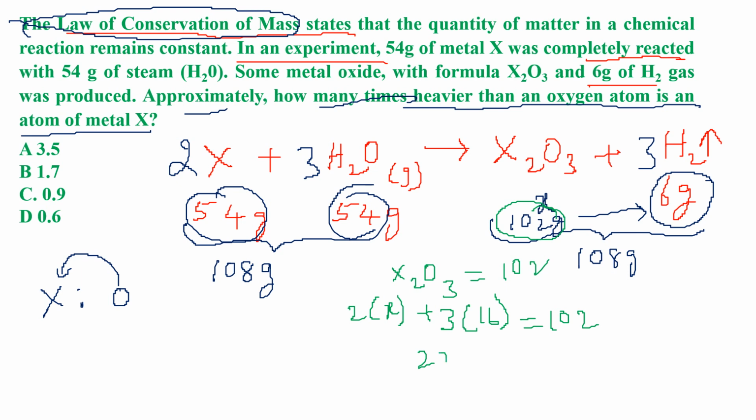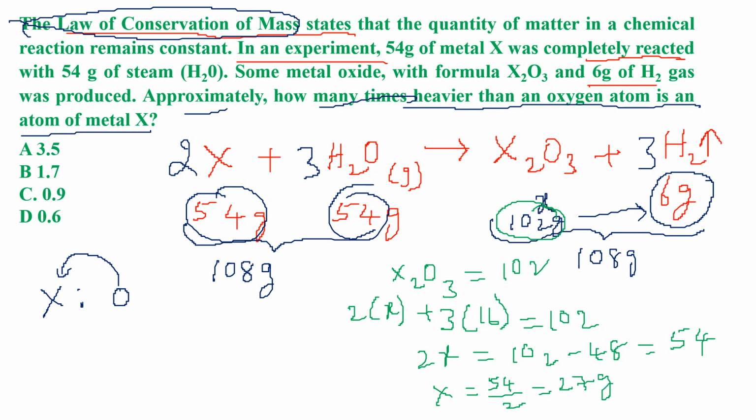Then calculate X: 102 minus 48 is 54. Then X is equal to 54 divided by 2. You will get 27 grams.